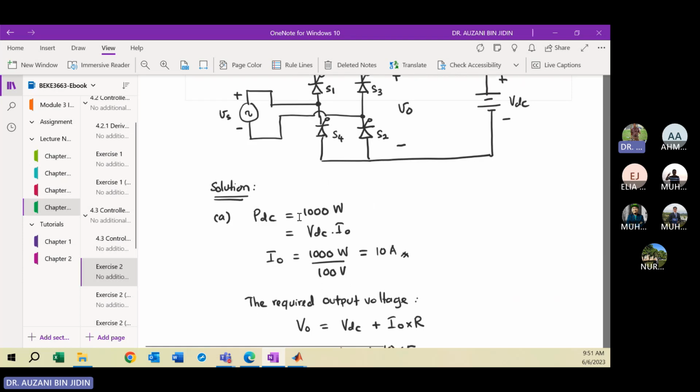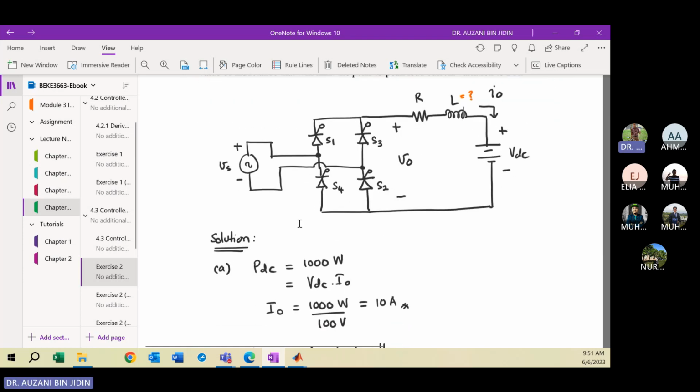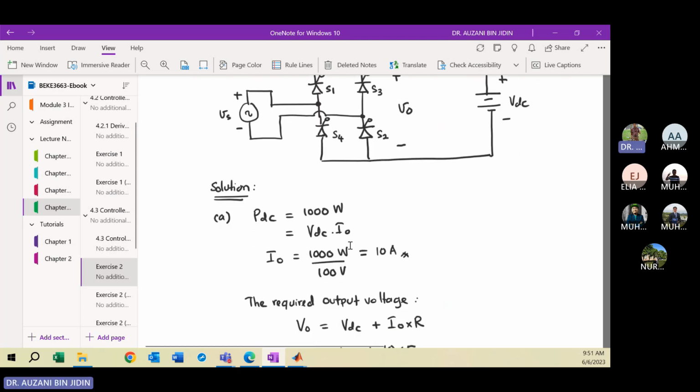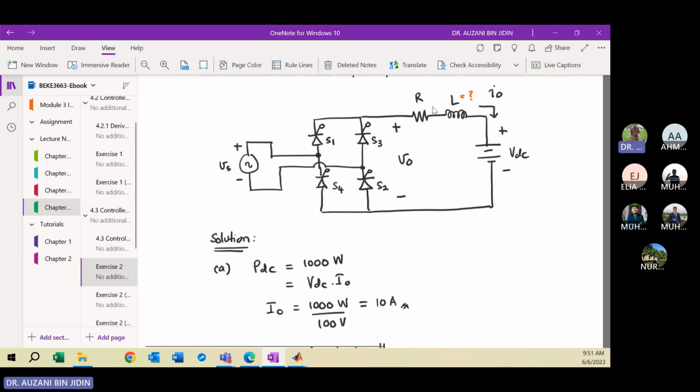In part A, given the DC voltage, the power absorbed by the battery is 1 kilowatt. The PDC is the multiplication between the battery voltage and IO. So from here you can calculate the output current IO. VDC is given as 100 volt and PDC is given as 1 kilowatt.